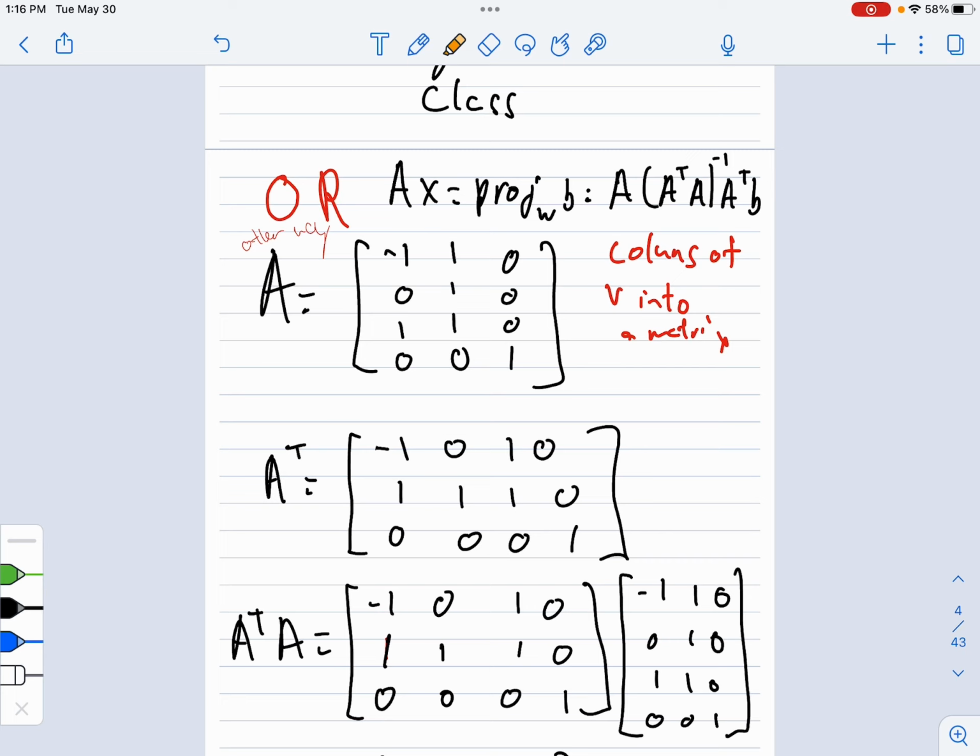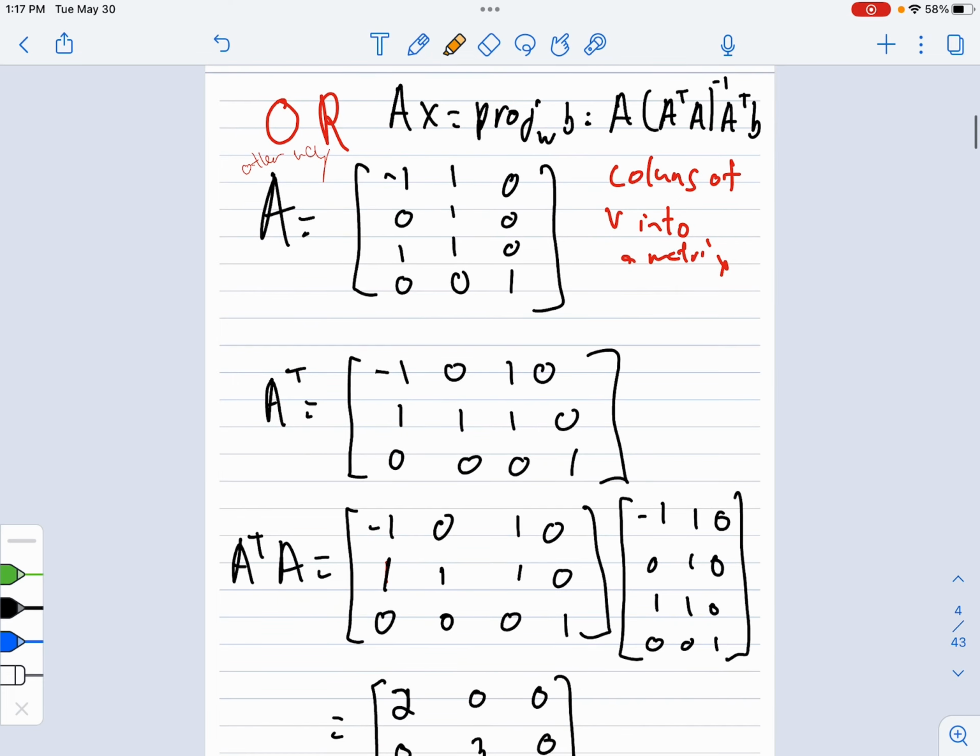The way it works with matrices is that you take a matrix, in this case A, and make the columns the vectors that were given before, where I wrote V. So you put them in columns, and I'm not going to go too much into why that is or how that works.